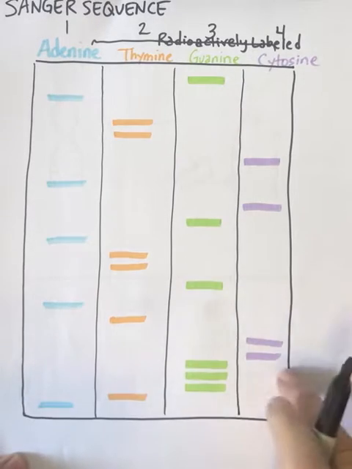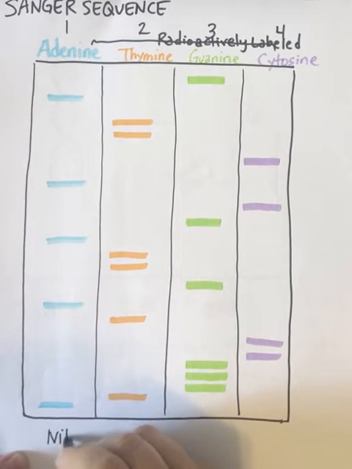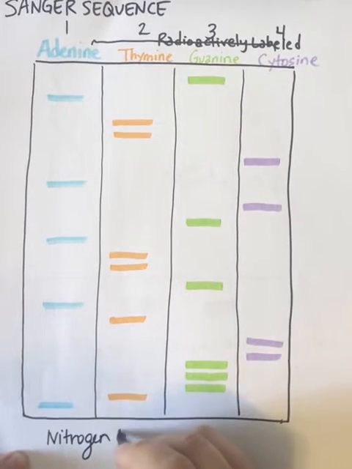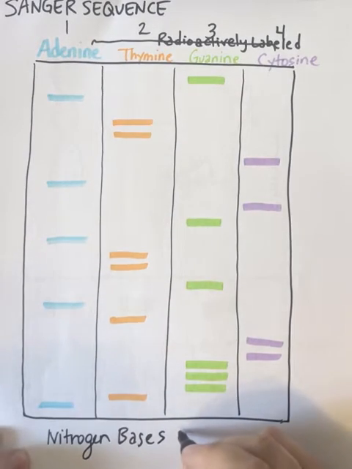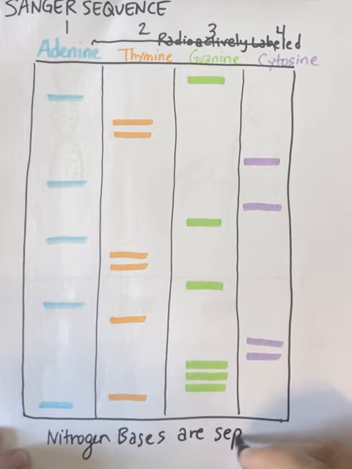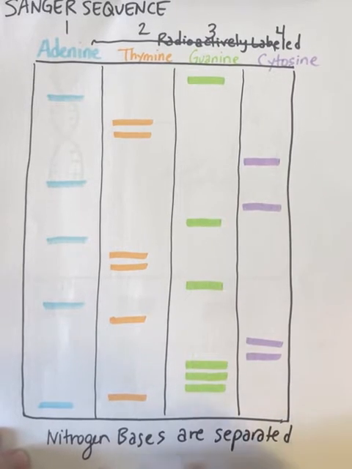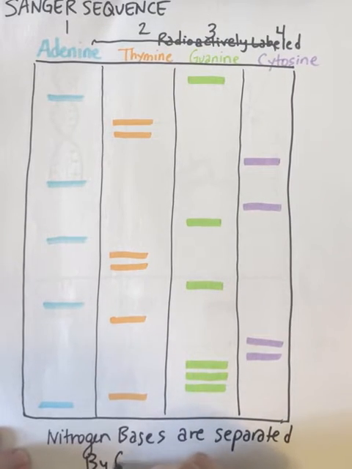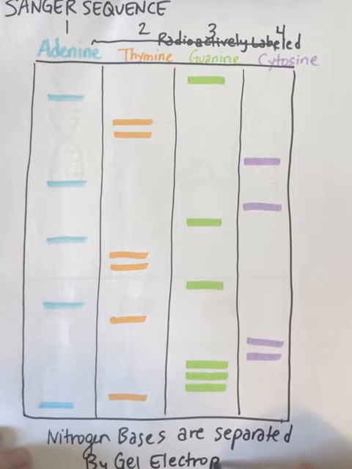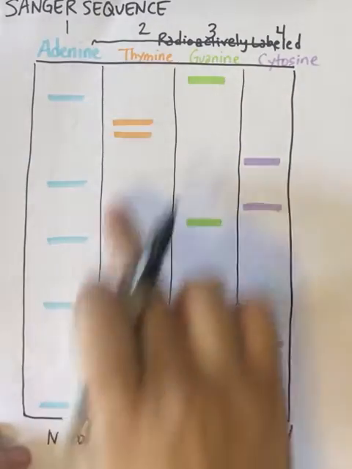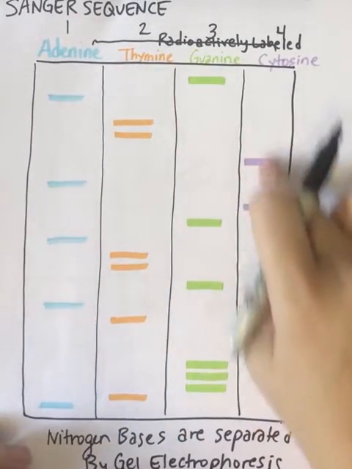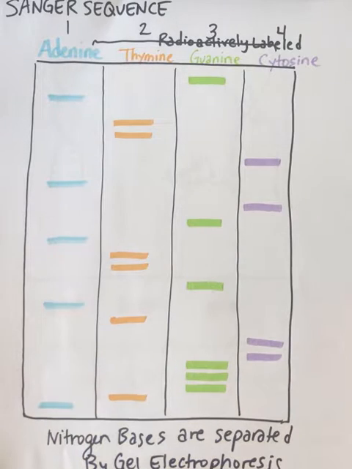So all of your nitrogen bases are separated by gel electrophoresis. So we have 4 columns, one for adenine, one for thymine, one for guanine, and one for cytosine. These are all different colors because they're radioactively labeled.